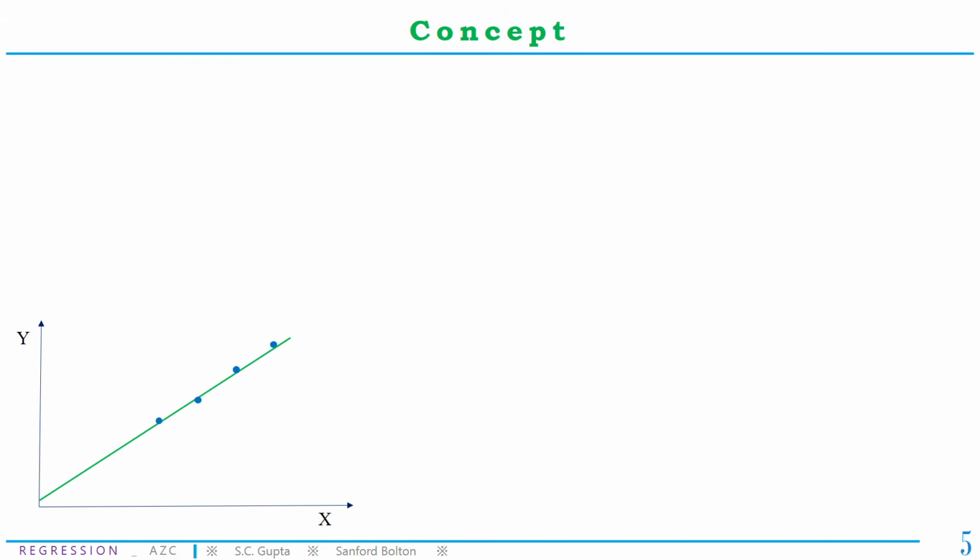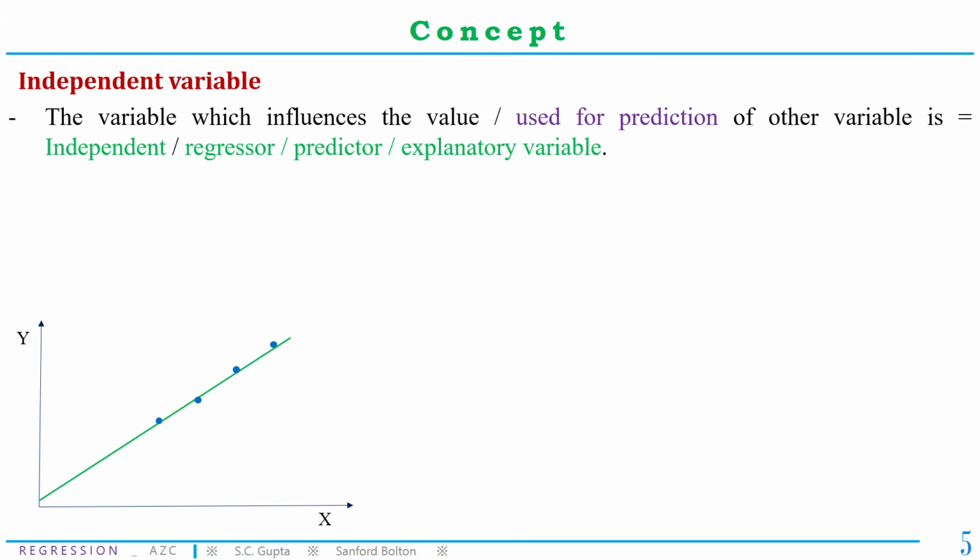In regression analysis, two variables must be defined either as independent variable or dependent variable. The variable which influences the value or is used for prediction of the other variable is called the independent variable.